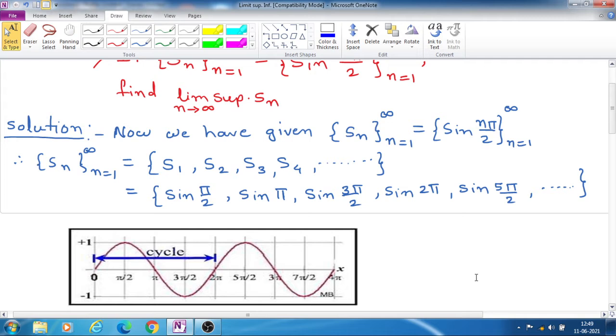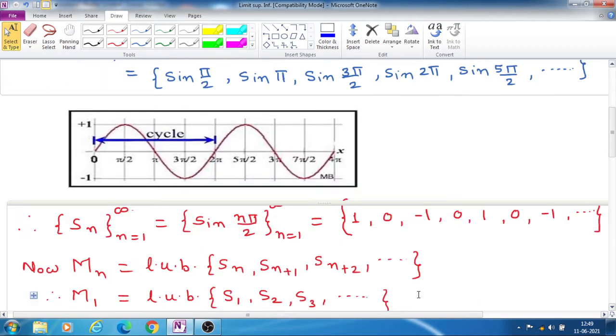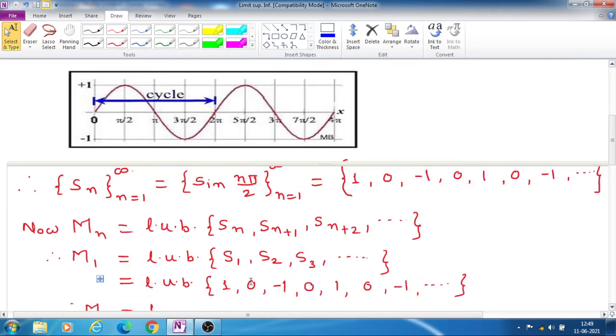For capital Mn we have to find capital M1, capital M2, capital M3 and then Mn. So capital M1 is LUB of S1, S2, S3, and so on. Capital M2 is LUB of S2, S3, and so on.